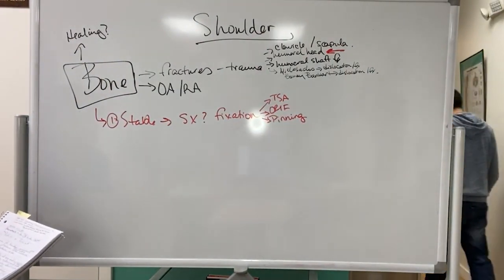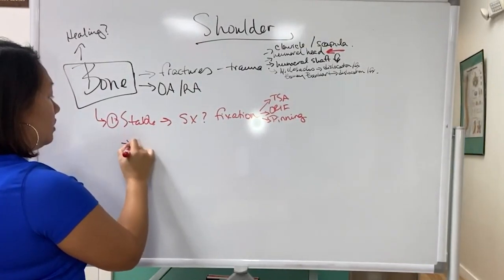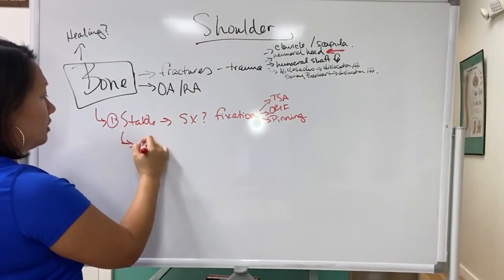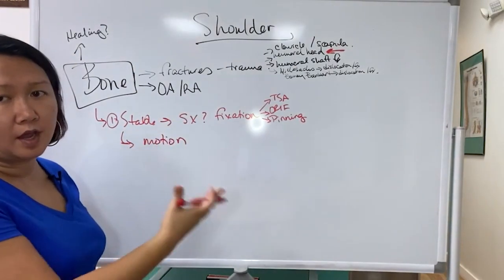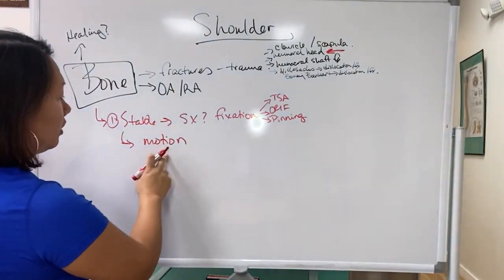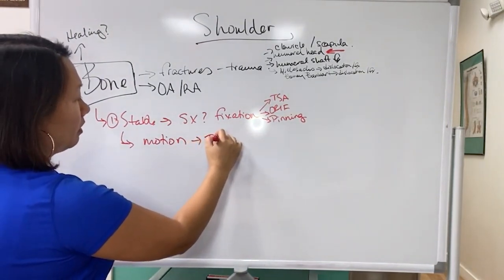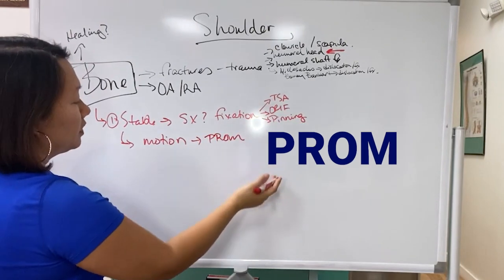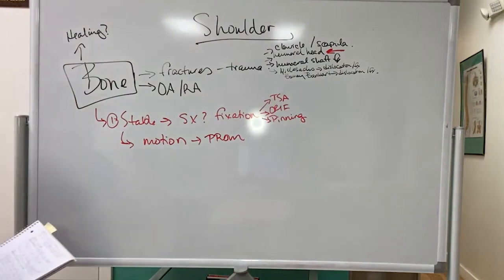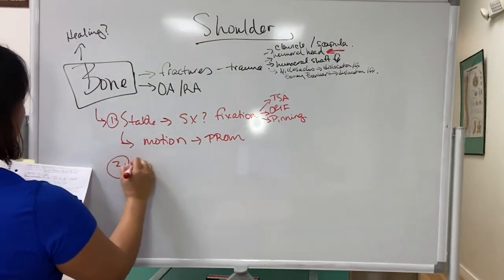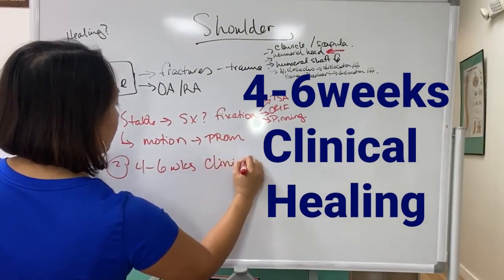Now, clinically speaking, once you stabilize something, you're allowed to start some kind of motion, right? So what's the point of stabilizing it if you can't move? So you're gonna start doing some type of motion. Usually it's passive range of motion, right? And one of the reasons why it's passive range of motion is because you're just trying to move the joint, but about 4 to 6 weeks, you're gonna have clinical healing.